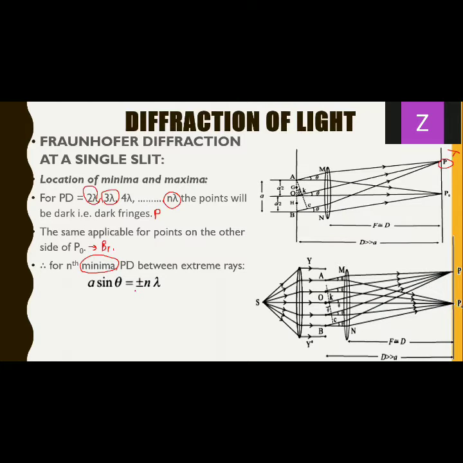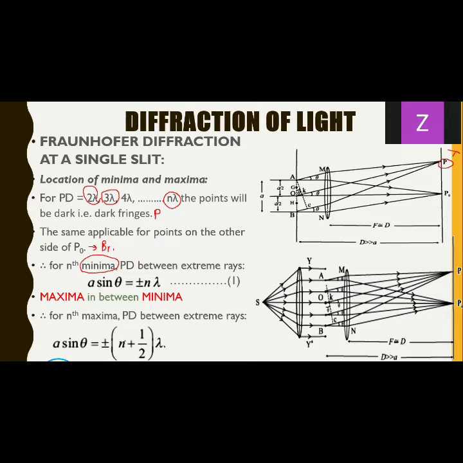And similarly, for nth maxima, the path difference can be given as A sin theta equal to plus minus (n plus half) into lambda. So in simple words, we get one maxima between two minima, or the other way around, one minima between two consecutive maxima.